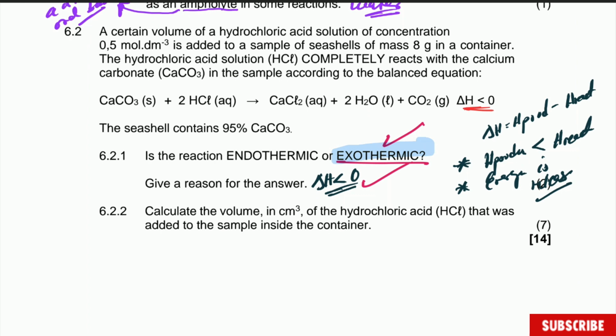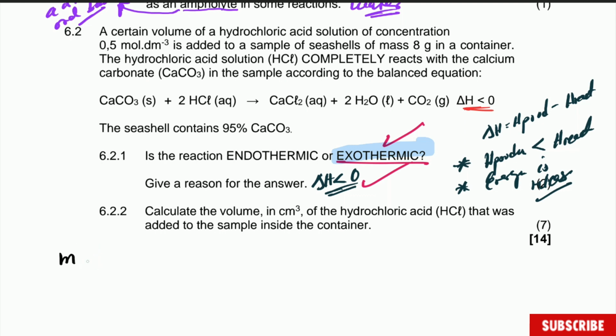And to finish this one, calculate the volume, in cubic centimeters, of the hydrochloric acid that was added to the sample inside the container. Okay, so what is the first thing we know here? We know that they add 8 grams mass of the seashell.